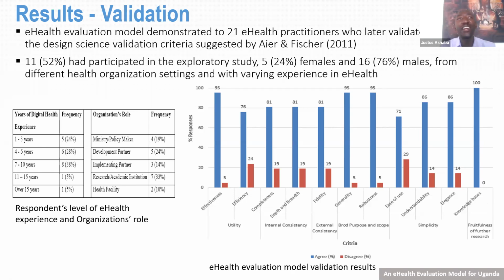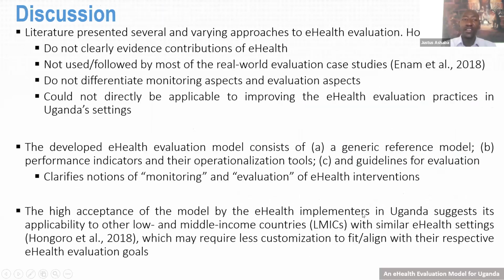So basically looking at, can this model be utilized to do what we intended to do? Can it really save time? Can it be easy to use? Can it be easily understood by practitioners? Is it contributing to knowledge in the information systems domain? So all those criteria, most of the criteria, we see that practitioners agreed that the model was meeting these criteria.